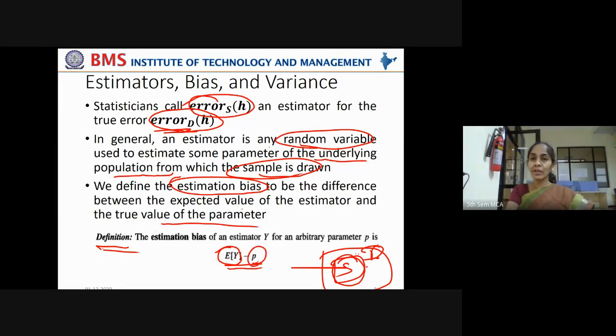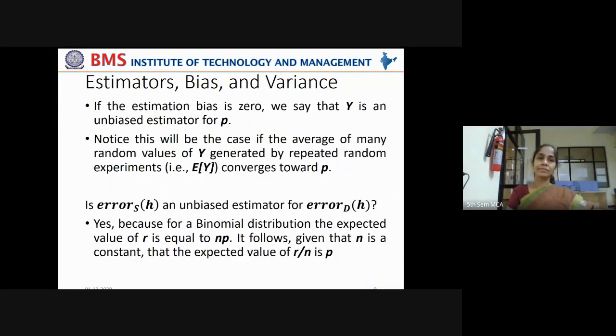Now what is the difference between them? That is called the estimation bias. The difference between them is called the estimation bias.